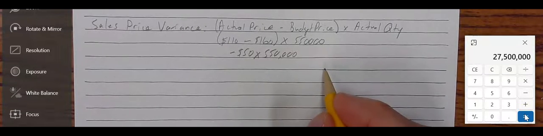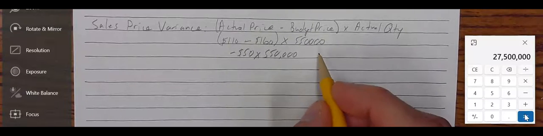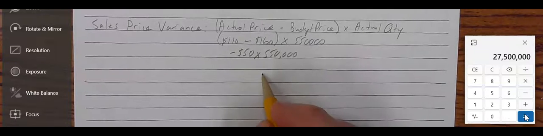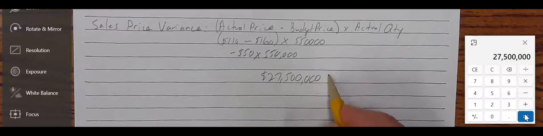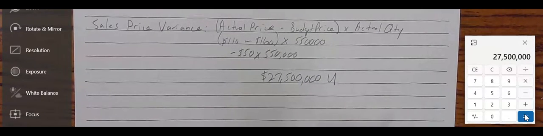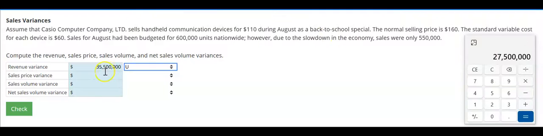So we don't generally attach a negative sign to unfavorable variances. We just list our answer, 27,500,000, and then we indicate with the letter U that this is an unfavorable variance. And so we plot that here.